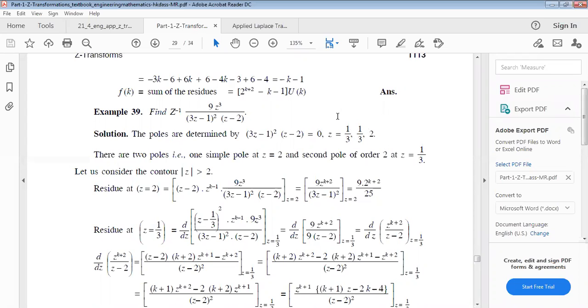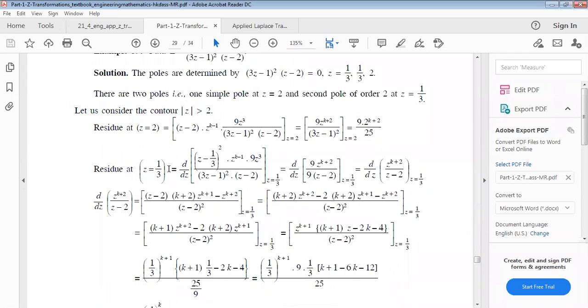So this will be |z| greater than 2. So once for z equals 2, and the other for z equals 1 by 3, using the same formula, right?